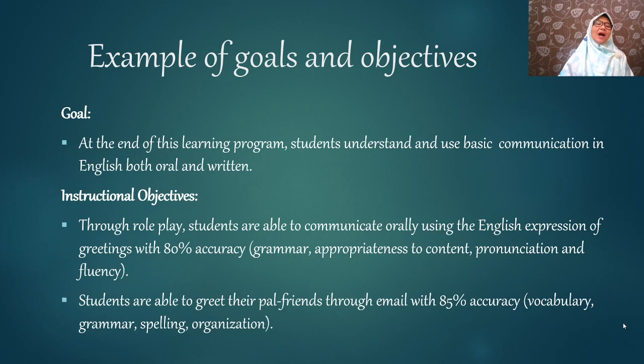Now, I tried to develop my own instructional objectives from the goal that is taken from the curriculum 2013 for the junior high school students. Here is the goal. At the end of this learning program, students understand and use basic communication in English, both oral and written. So I developed two kinds of instructional objectives related to the speaking and writing skills.